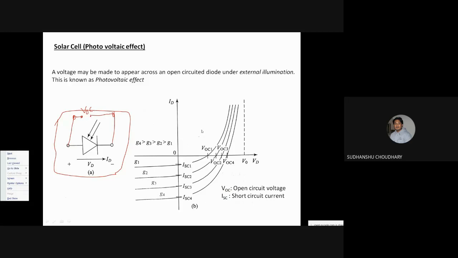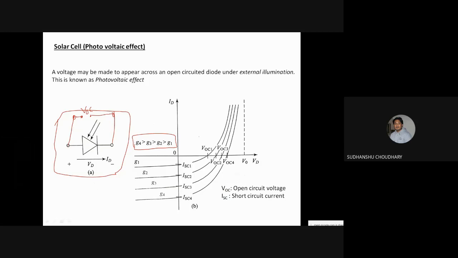Again, the IV characteristics of the solar cell are almost similar. The amount of reverse current depends upon the generation rate, and the generation rate depends upon the amount of illumination.